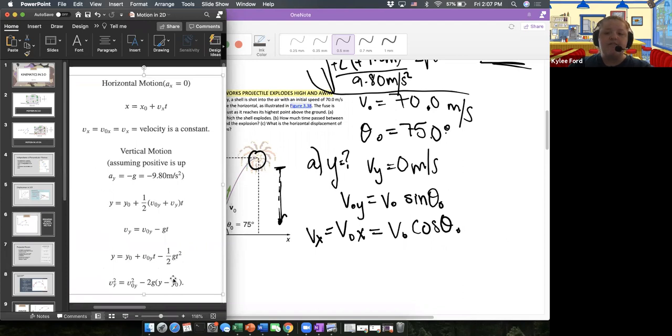We have our v sub y, which is in that one, and right here. We have our v sub naught y right here. We don't have a time, so we can't use an equation with time in it. So I'm going to say we can use this bottom equation right here.